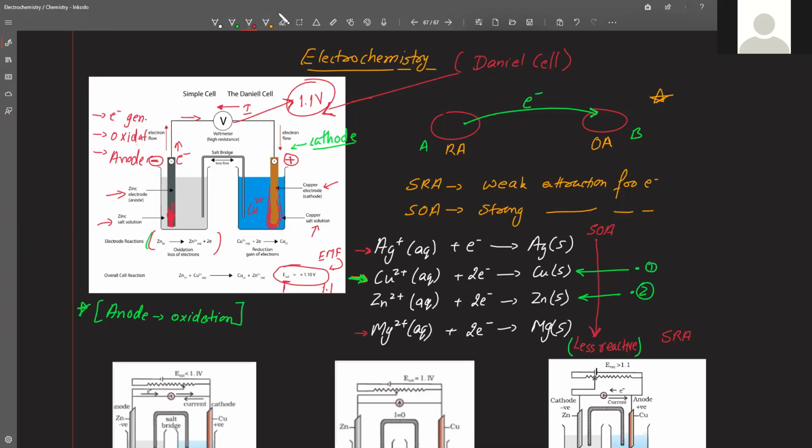So this is how it happens, and the only new thing here is this salt bridge. This facilitates the completion of the circuit, because if that doesn't happen, we won't say there is a flow of current, right? So these two cells have to be connected. They are already connected by the external wire, but for completion of the circuit, that is for flow of ions from one half cell to another half cell, there has to be a connection, and this salt bridge facilitates that transfer of charge.